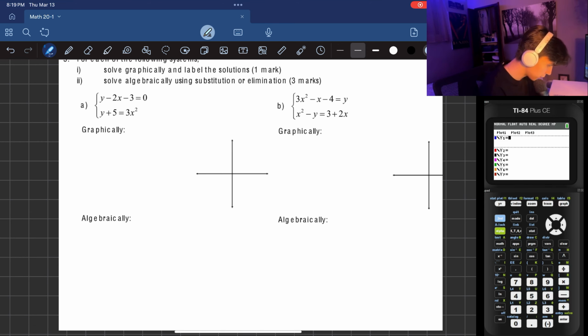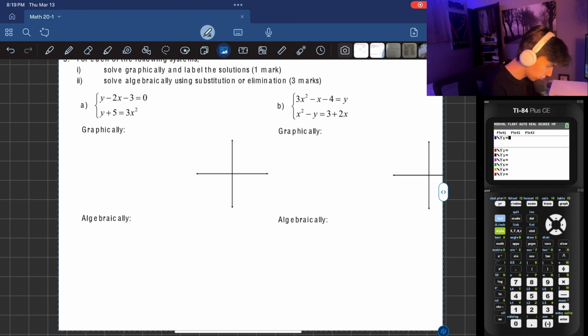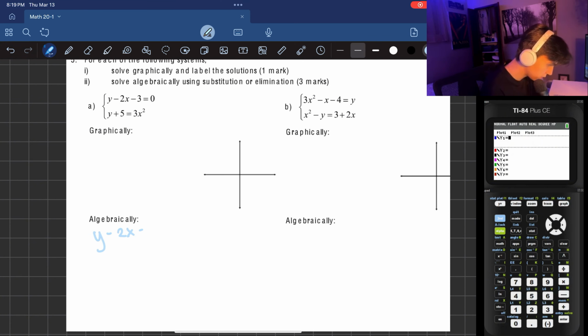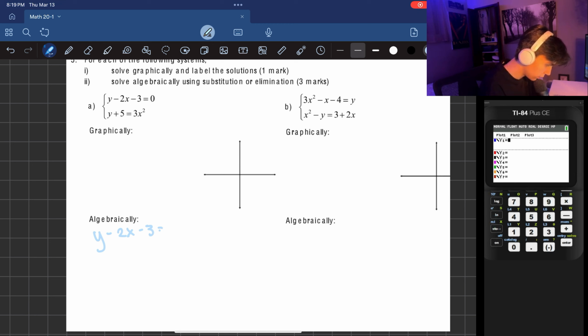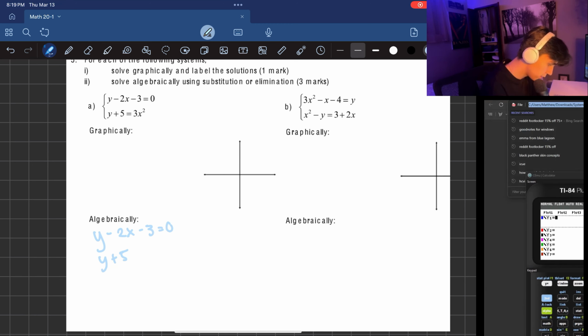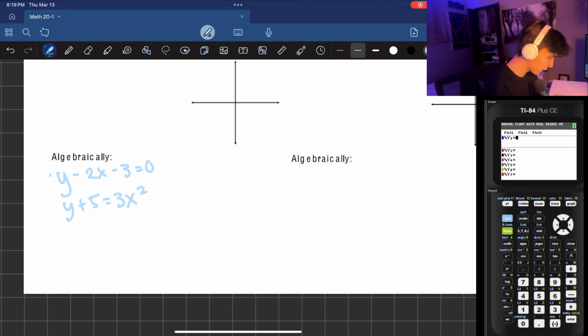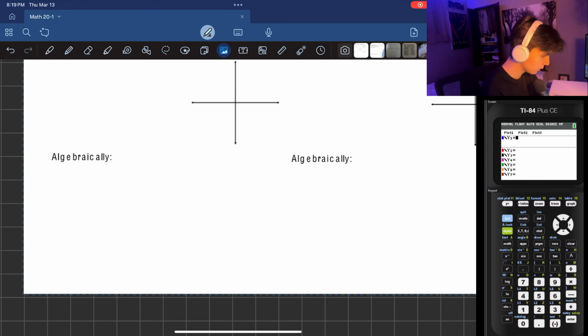So if we were to solve this algebraically, we have this system of equations here: y minus 2x minus 3 equals 0. And then you have y plus 5 equals 3x squared. Okay, so you have this little system here.